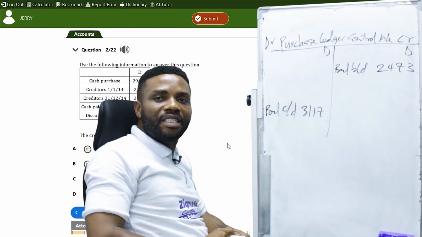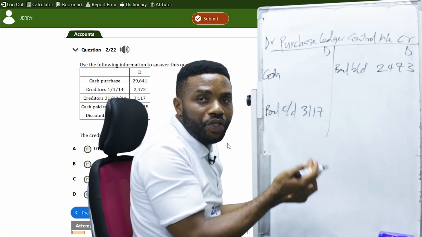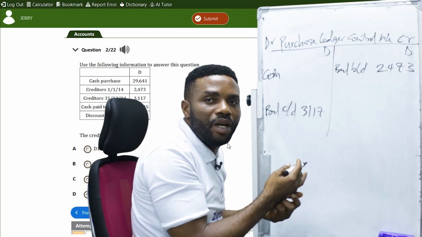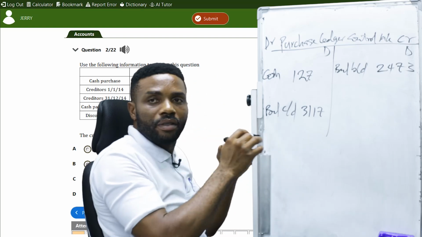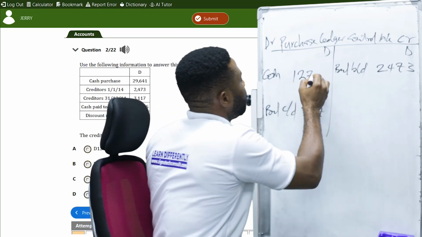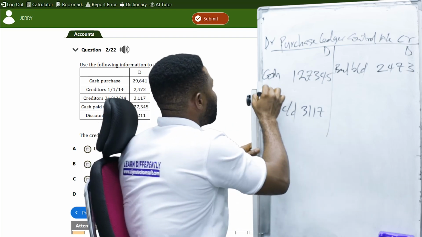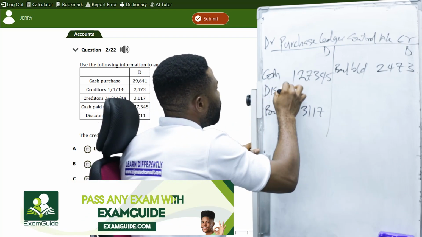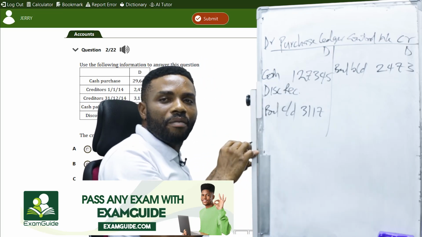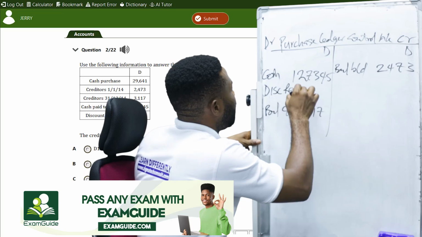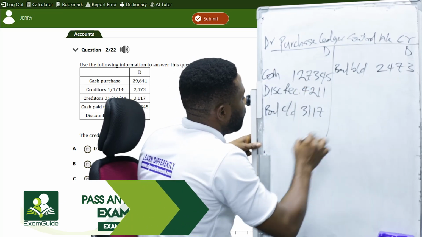All right. Cash paid to creditors, because it is going to reduce what we are owing, is 127,345. Then discount received there is 4,211.